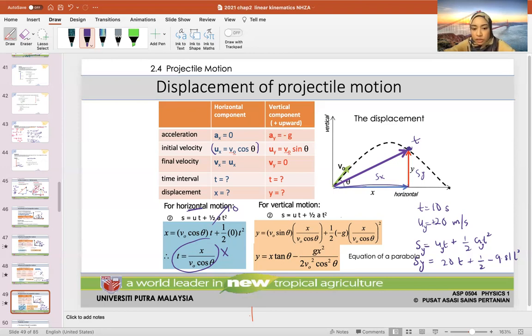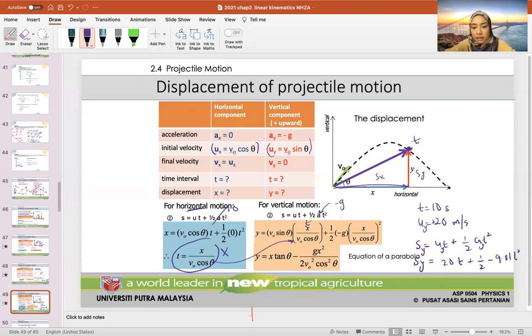Okay, so vertical motion s equals to ut plus 1 over 2 at squared. In this case, we know our a is minus g. And our u is v naught sin theta. Ataupun value yang saya bagi ni, kalau nak pakai problem yang saya bagi itulah. And then t, dia substitute benda ni. Okay, so it should be t lah if we didn't know this solution.